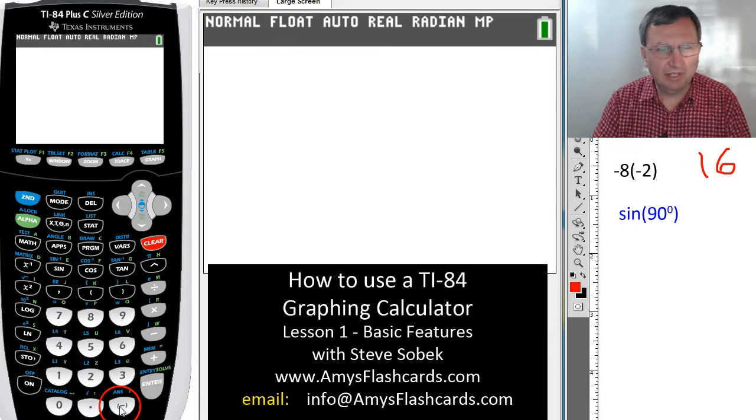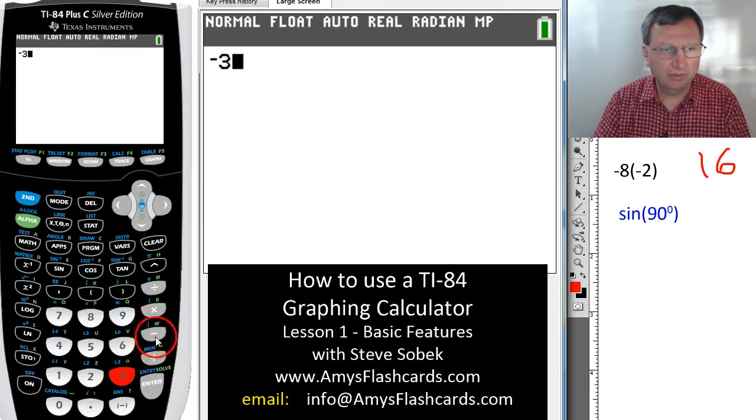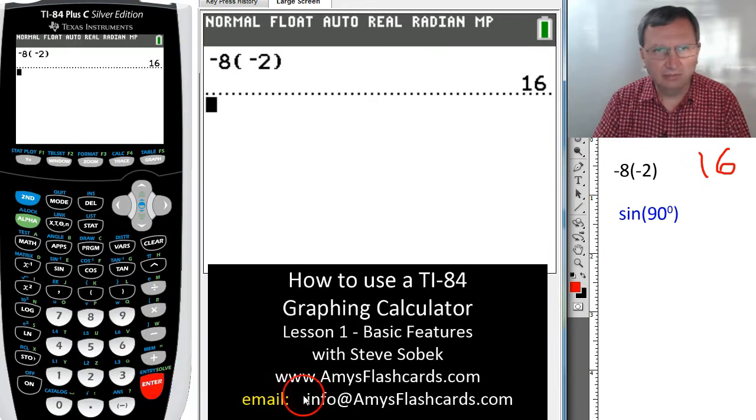But we actually have a separate key for negative signs, and that's down here below the 3. And so we would type that first, negative 8, and then in parentheses, a negative 2, and hit enter, and we get the positive 16.